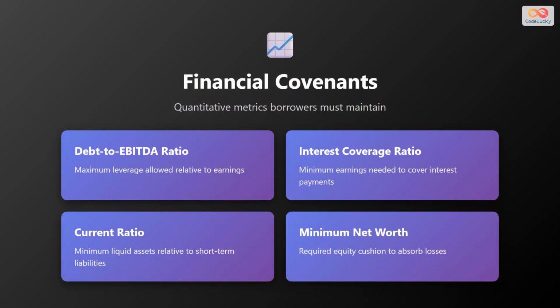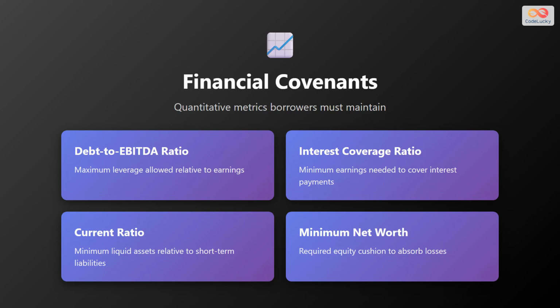Financial covenants are quantitative metrics that borrowers must maintain throughout the loan period. The debt-to-EBITDA ratio measures maximum leverage allowed relative to earnings, ensuring the borrower doesn't take on excessive debt. The interest coverage ratio requires minimum earnings to cover interest payments, proving the company generates enough cash to service its debt.